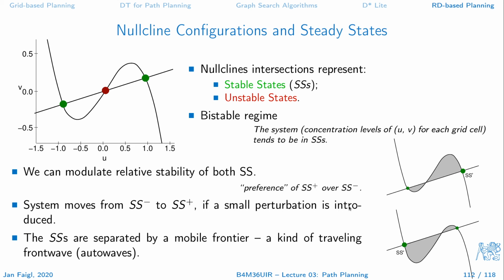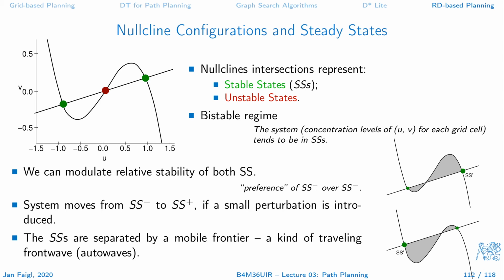If we do that, then the system moves from one steady state to another if a small perturbation is introduced. The steady states are separated by a mobile frontier, a kind of traveling front wave. So these are the autowaves.